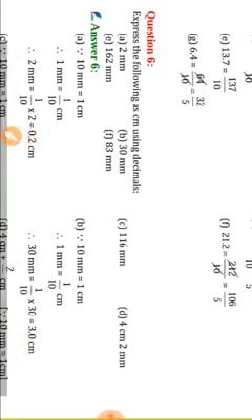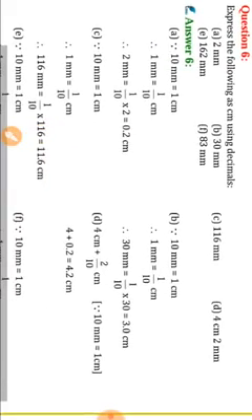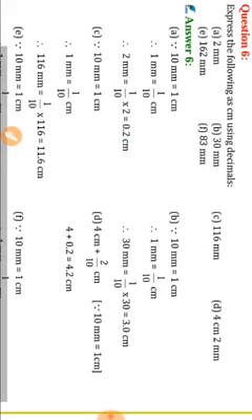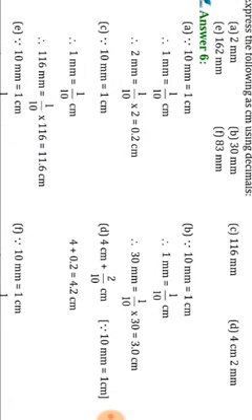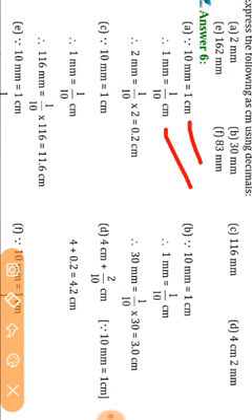Then express the following as centimeters using the decimals. So all are in millimeters, means divided by tenths only. Okay, directly you can write like this, 2 millimeter. So we know 10 millimeter is equal to 1 centimeter, 1 millimeter is equal to 1 by 10 centimeter.